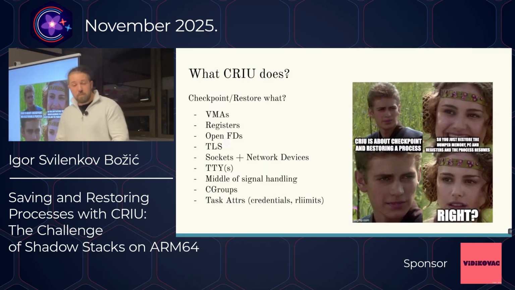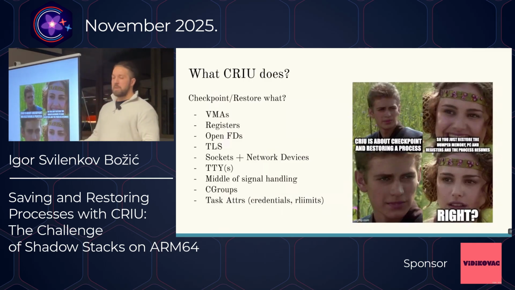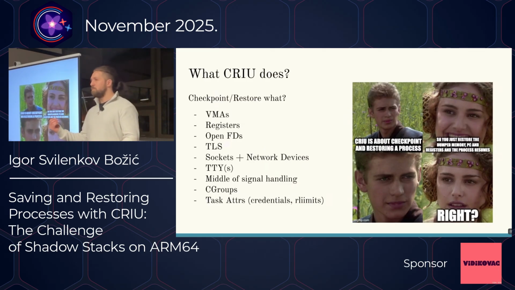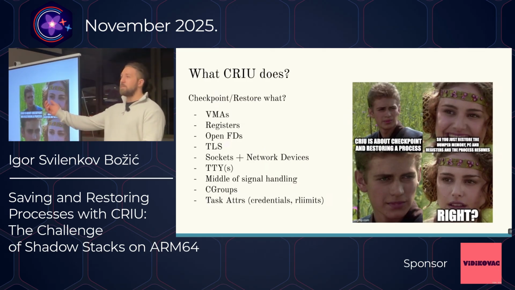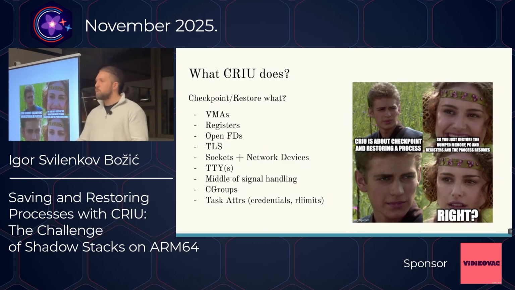Okay, so when I first started working with CRIU, I was like, okay, we just pull stuff down from memory, bring it back into memory, and the process resumes; you just restore the registers and the program counter, right?